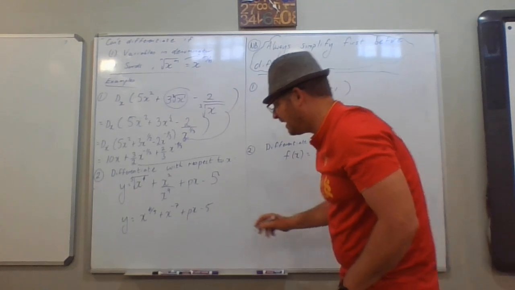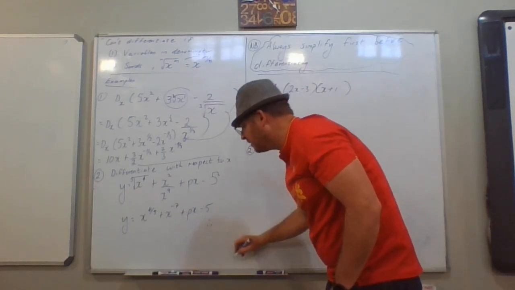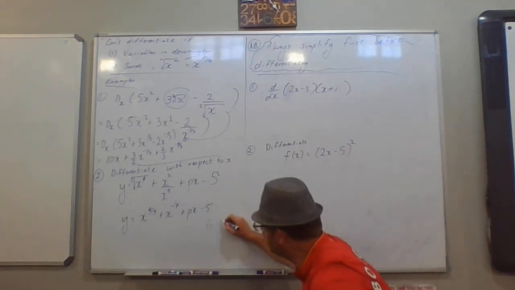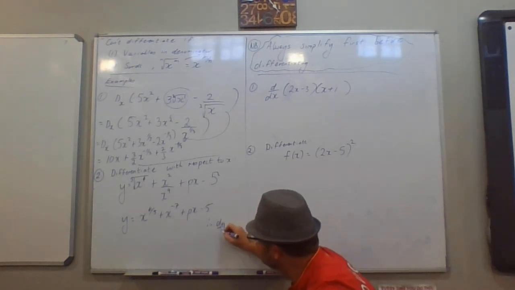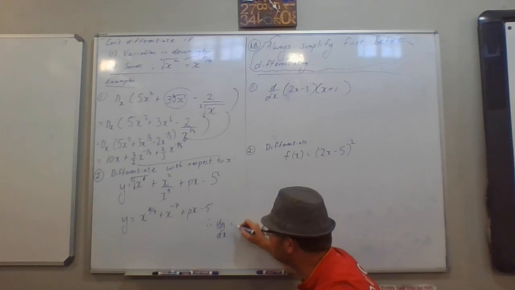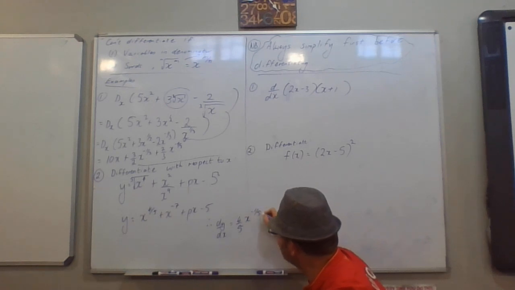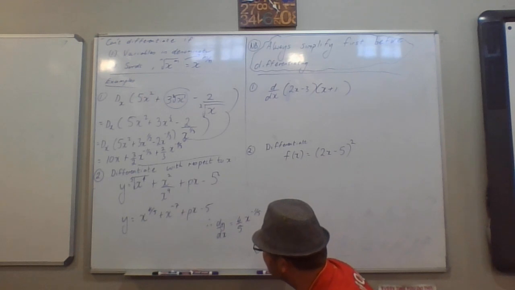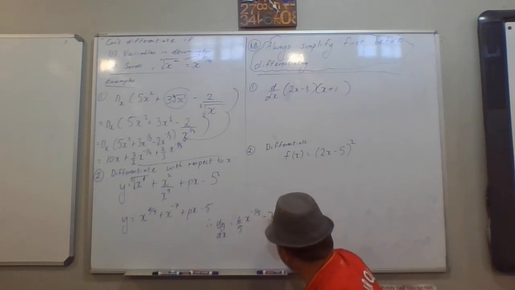And I end up with dy dx equal to 4 over 5 x to the negative a fifth, 4 over 5 minus 1 is negative a fifth, minus 7 x to the negative 8.